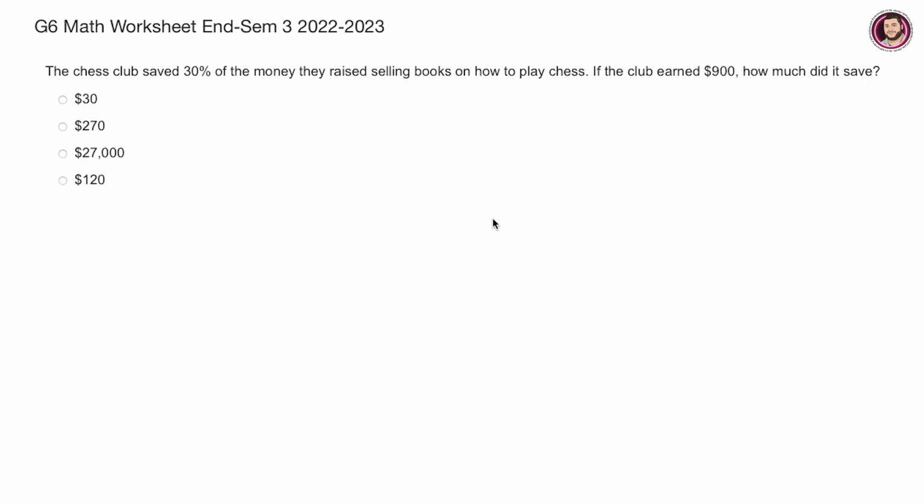The chess club saved 30% of the money they raised selling books on how to play chess. If the club earned $900, how much did it save? This question is the same as question 4. We need to find 30% of $900.